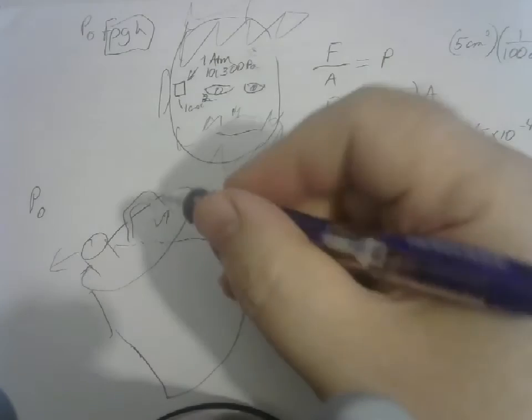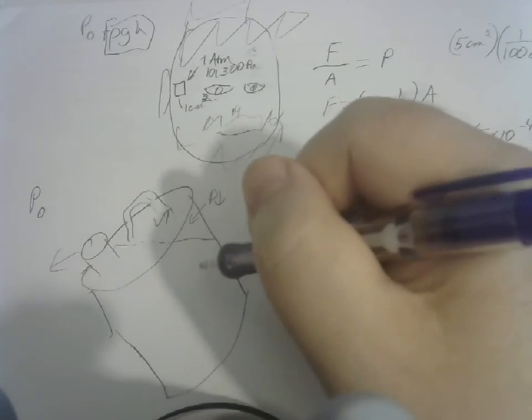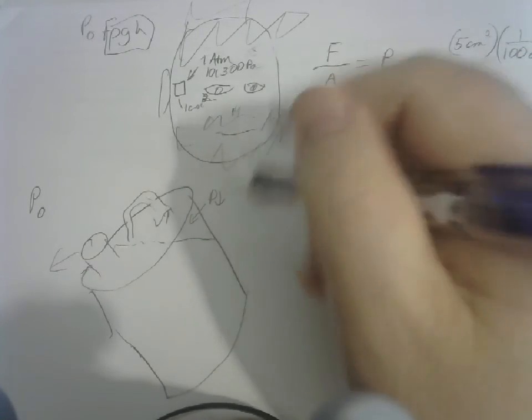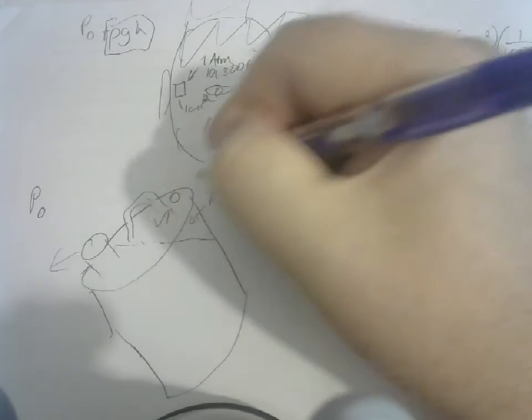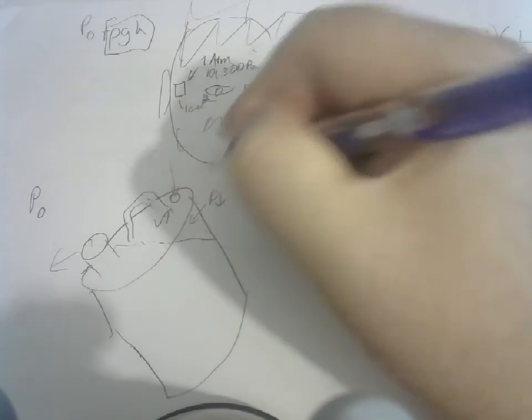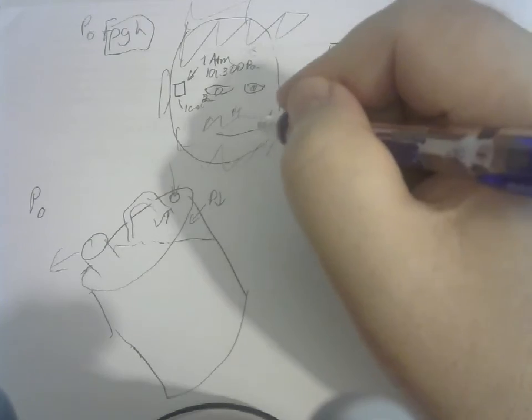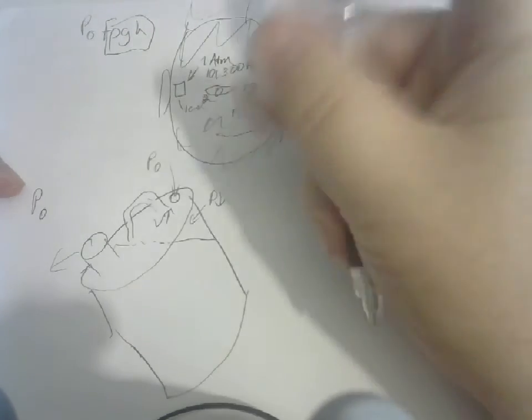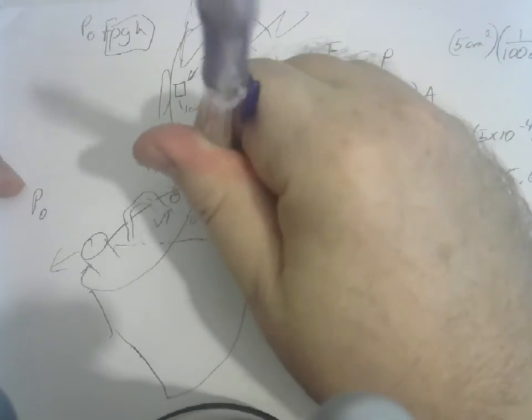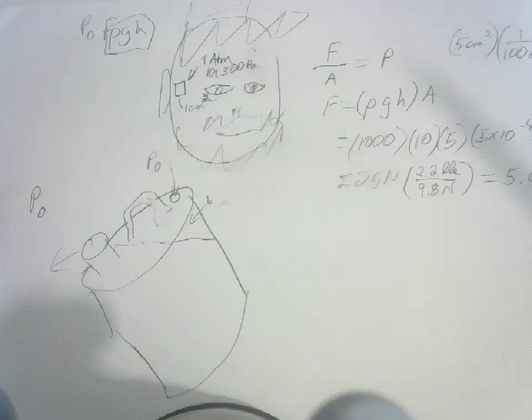And so it gets harder to pour it because the pressure inside here is decreasing. But if you add a little hole right there, then the pressure can stay the same inside there, and it will pour.